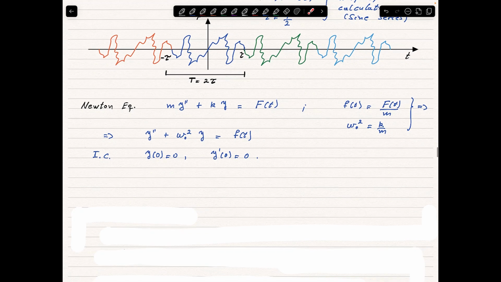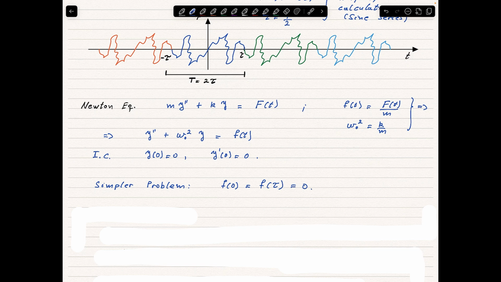And this problem is going to be a little bit simpler than the general problem, because we are going to study forces that satisfy this extra condition, that the force at 0 is equal to the force at the period over 2, so tau, which are 0.